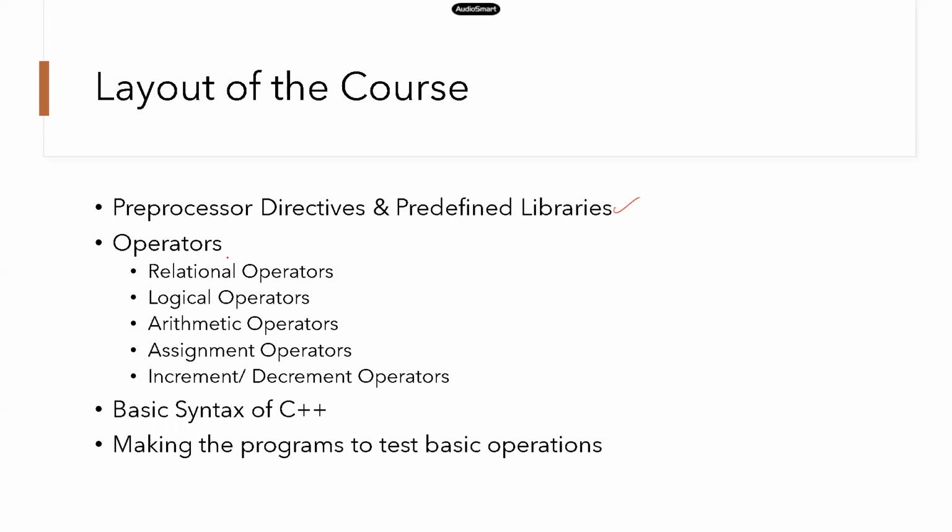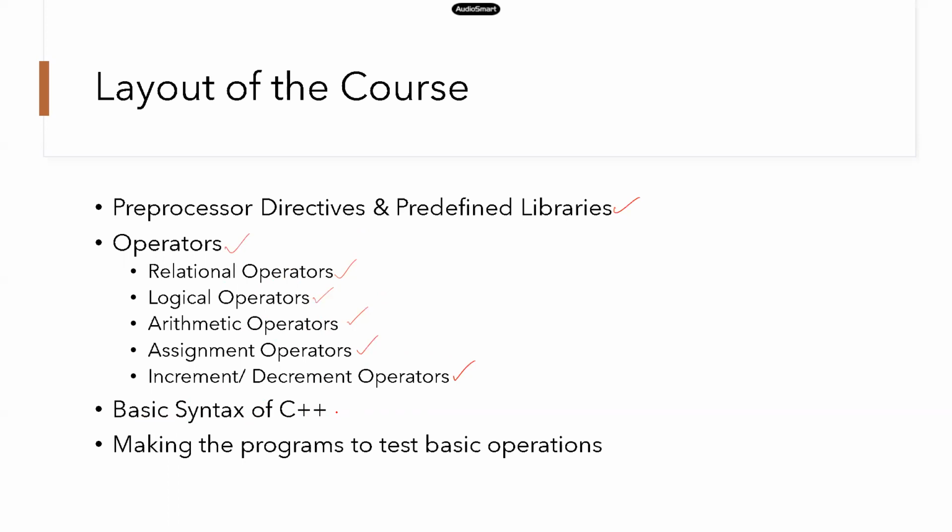After that, we'll be seeing the operators, which involve the relational operator, logical operator, arithmetic operator, assignment operator, and increment, decrement operator. These operators are usually used within the syntax, where we'll be seeing the basic syntax of C++, because most people have difficulty in writing the basic syntax.